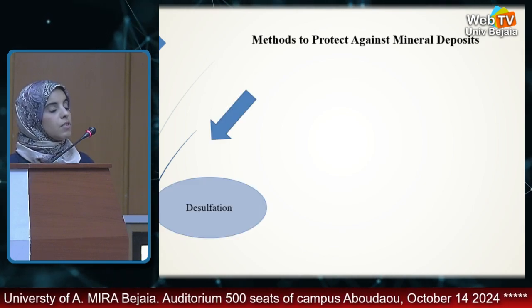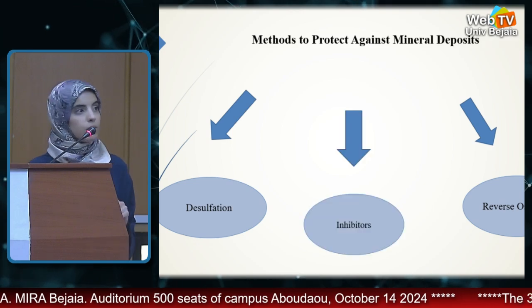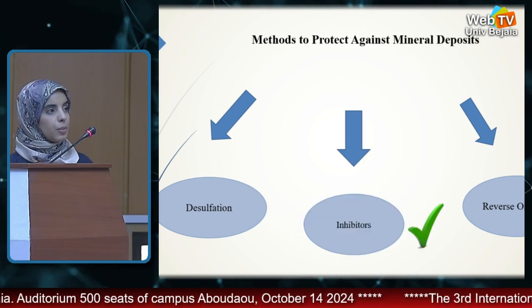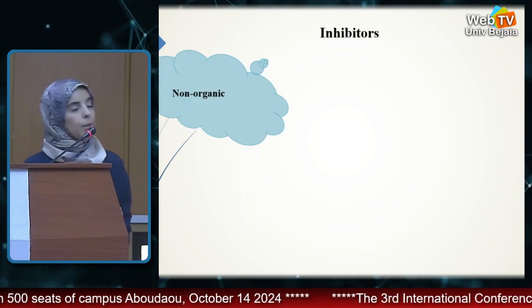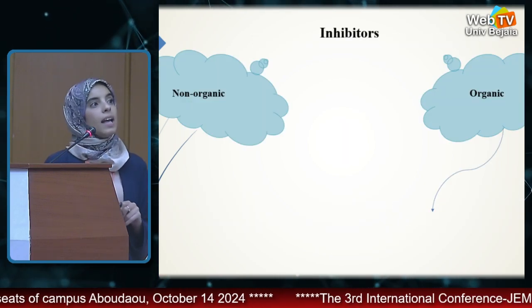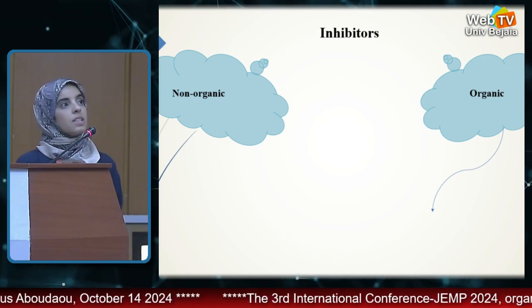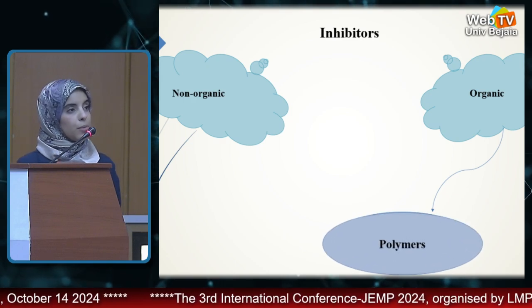We have the desulfation method, the reverse osmosis method, which is a physical method, and the injection of inhibitors. There are two types of inhibitors, inorganic inhibitors and organic inhibitors. Among the organic inhibitors in recent studies, we have the polymers.